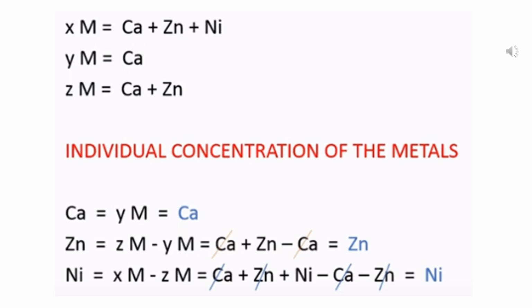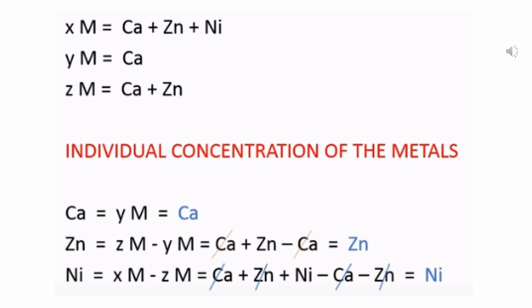So we can find the individual concentrations from these three titration types using masking and demasking agents. For calcium, it is equal to Ym. For zinc, it is equal to Zm minus Ym. Zm is equal to calcium plus zinc, and Ym is equal to calcium, so the calcium cancels out, and it will be equal to zinc.